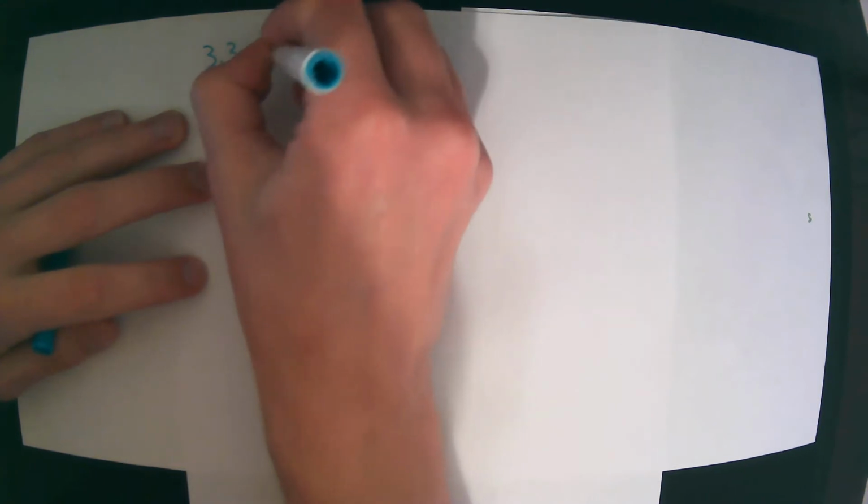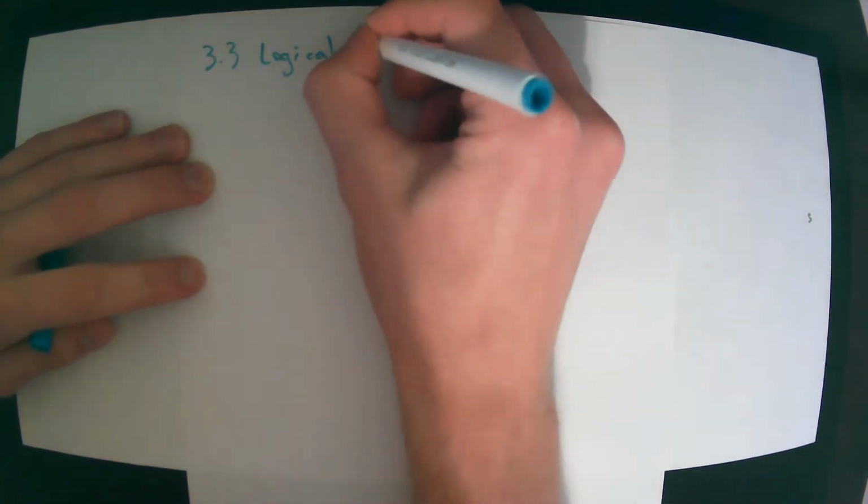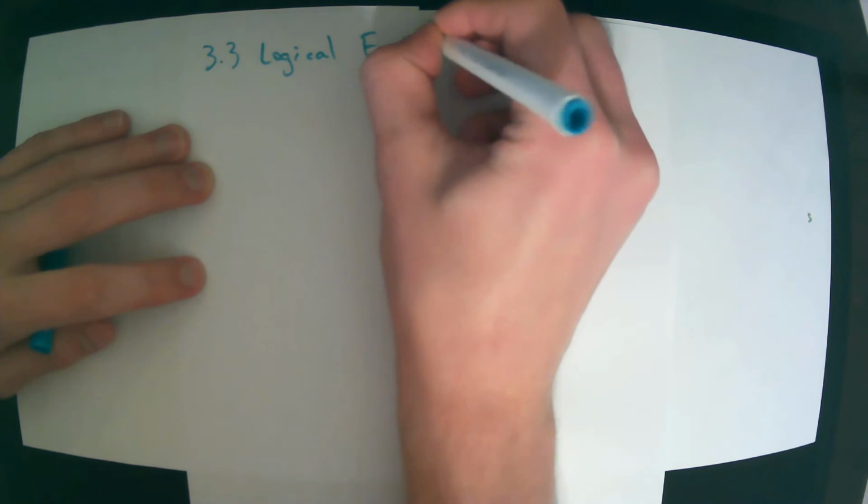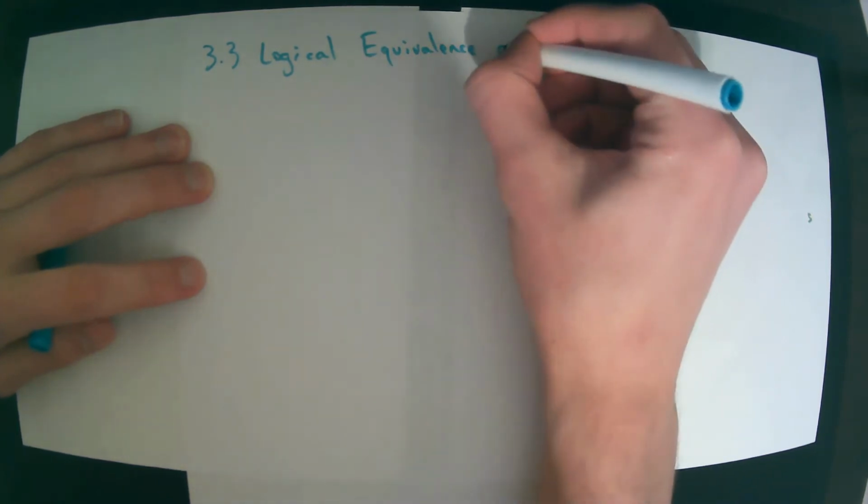The title of this section is Logical Equivalence and De Morgan's Laws.